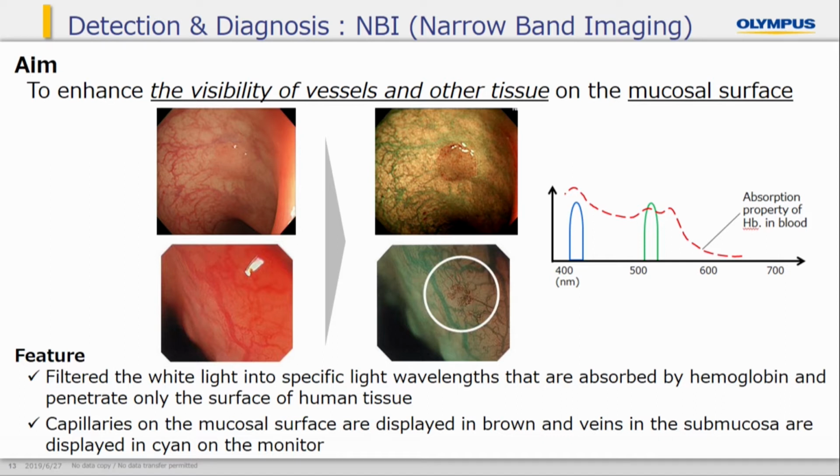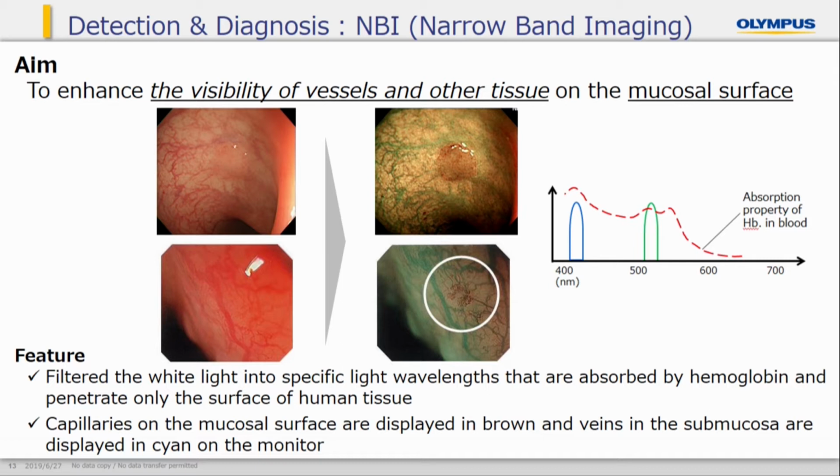Okay. Yes, this NBI feature filters the white light into specific wavelengths. In this NBI function, we have selected around 400 and 500 nanometers.